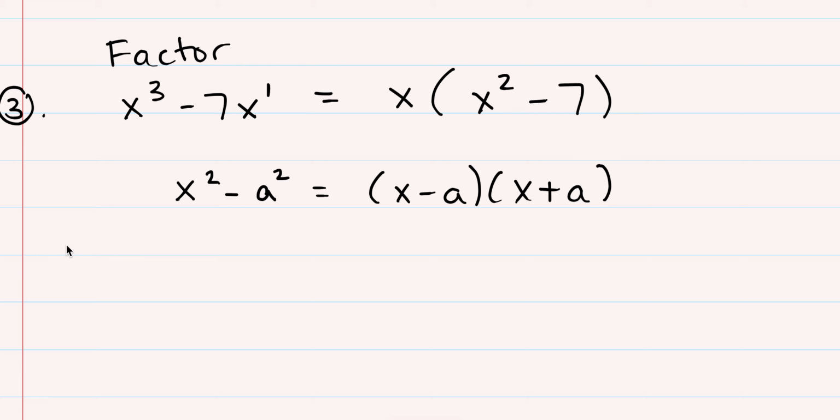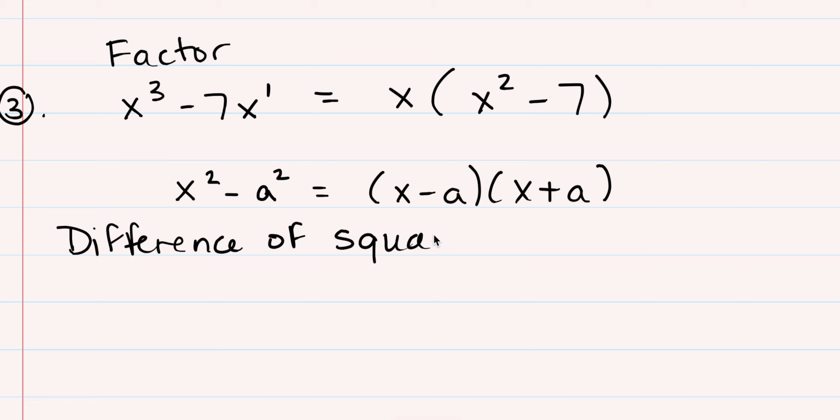This is called the subtraction of squares, I believe it was called. The difference of squares. So you can look back in one of your textbooks, or in our textbook, and see the difference of squares formula, or you can Google it.